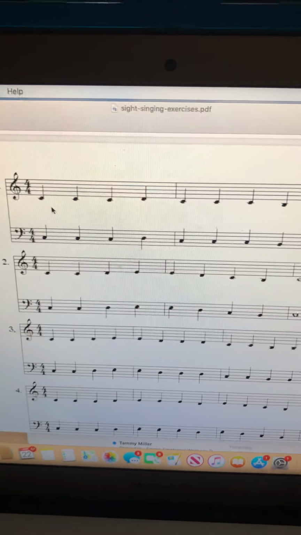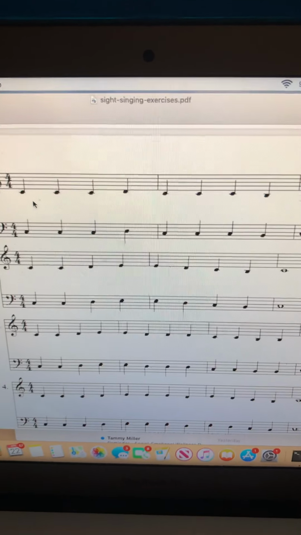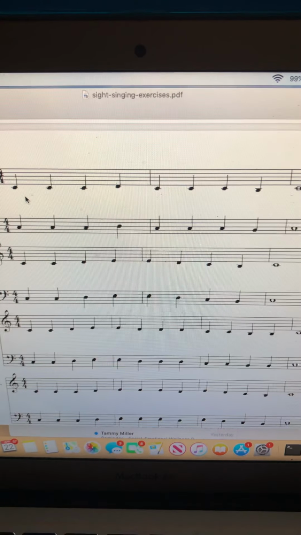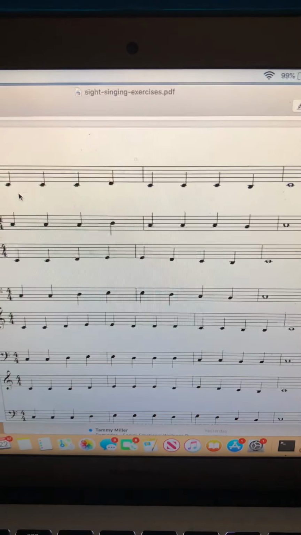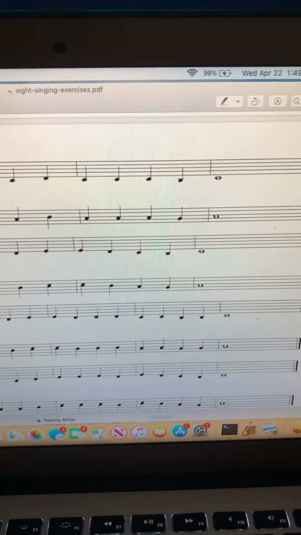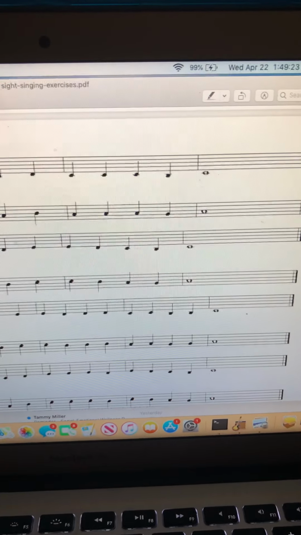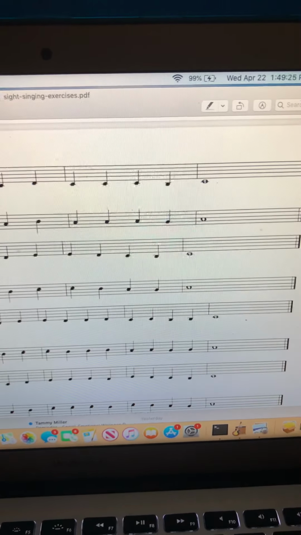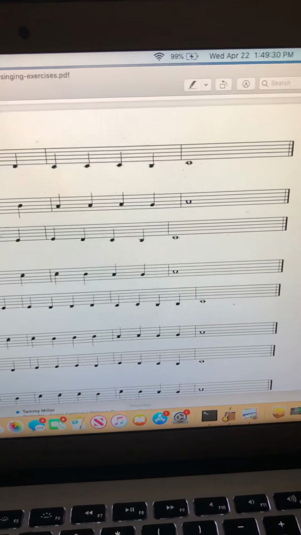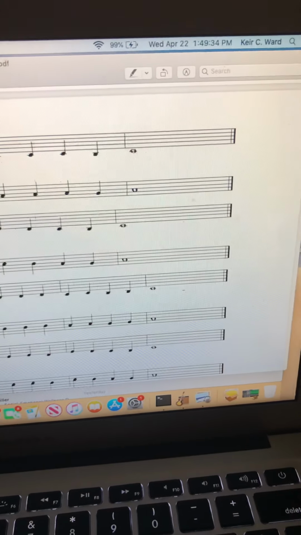And then it goes up to D, which is a whole step. We talked about whole steps and half steps. In the next measure, it goes back down to middle C 3 times again. Then it goes down to B, which is a half step, and then back up to middle C again.